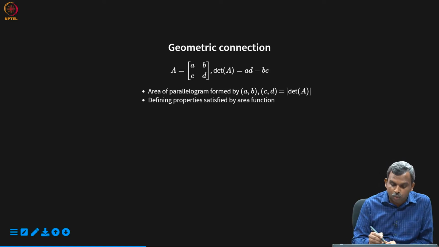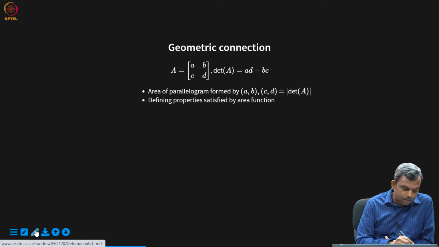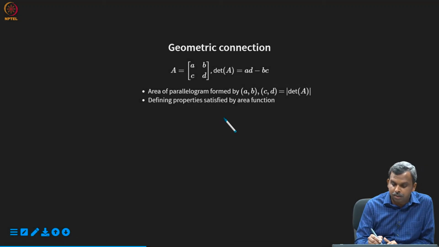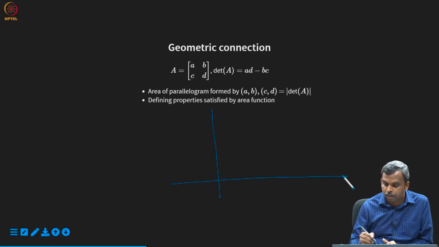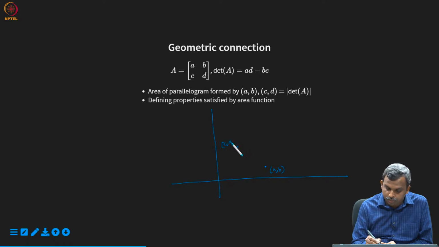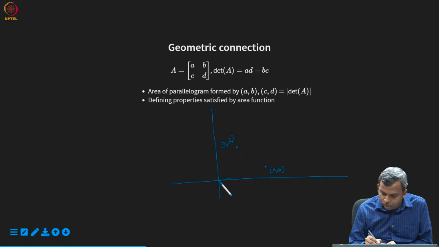If you want, you can draw this little picture here, which might be interesting to you. Let's say somewhere here, A comma B, and then you have C comma D here. The parallelogram defined by AB and CD would look something like this.